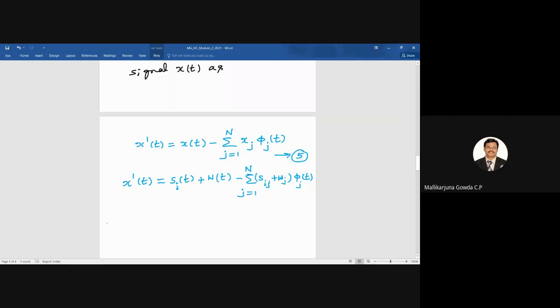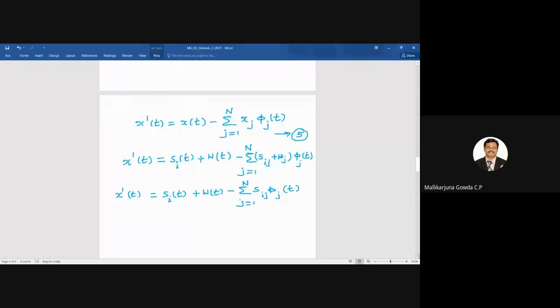So now let me expand this. x dash of t is equal to si of t plus w of t, then minus summation j is 1 to n sij phi j of t. Is this fine as one term?